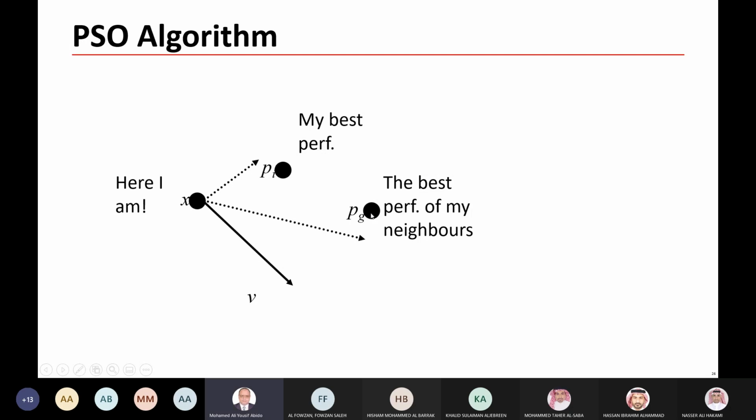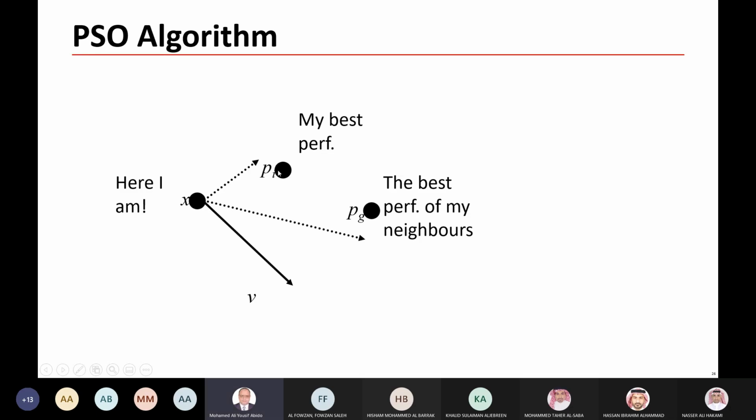This is the global best, and this is the current velocity. So what you will have is the weight multiplied by this velocity. So you go in this direction for a certain value.